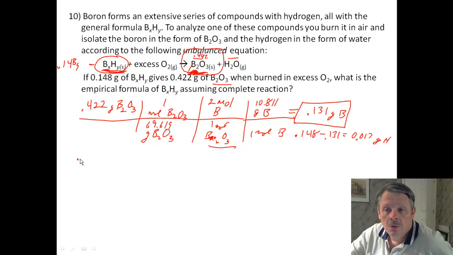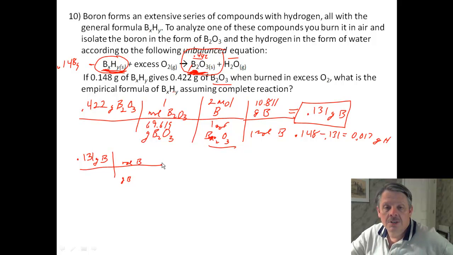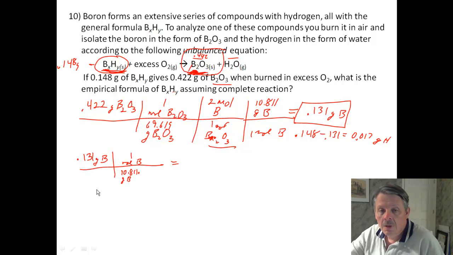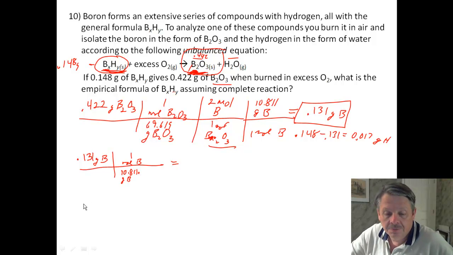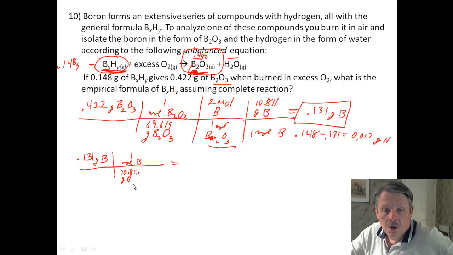Well, we know that 0.131 grams is boron. And if we convert grams of boron to moles of boron, that tells us how many moles we have. We know that 1 mole of boron is, we just figured that out a minute ago, 10.811. And we also have the hydrogen, which is a very small number.